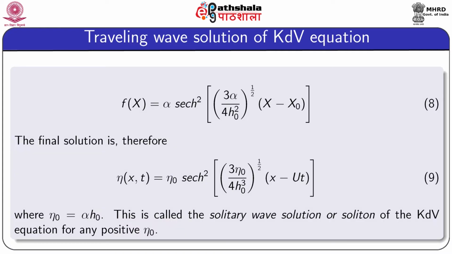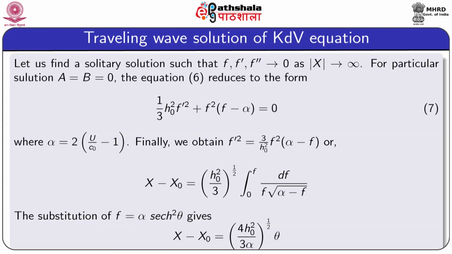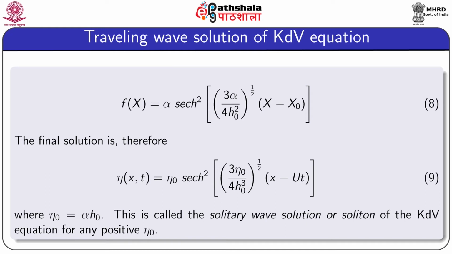So, we obtain the value of f from here, f equals alpha into sech square theta. So, f(X) equals alpha into sech square, with the value of theta written in the square bracket.